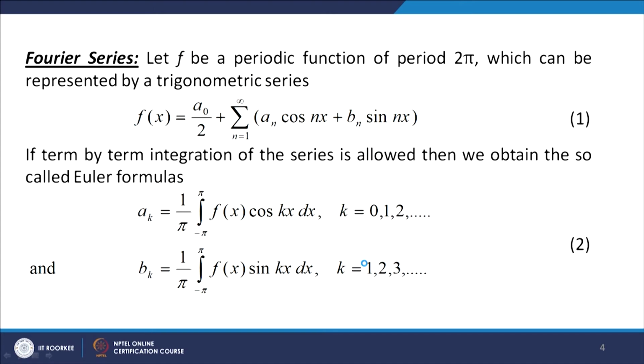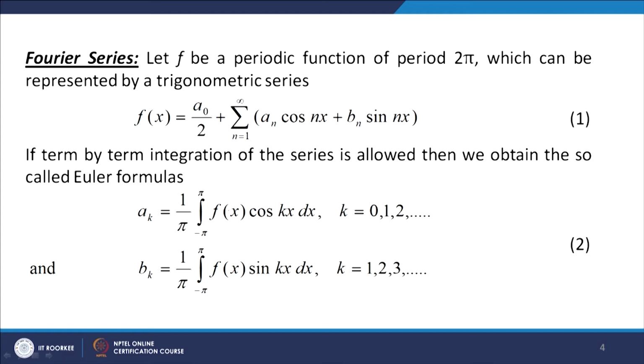Now, let us consider a Fourier series. Let f be a periodic function of period 2 pi, which can be represented by a trigonometric series f x equal to a naught by 2 plus sigma n equal to 1 to infinity a n cos n x plus b n sin n x. If term by term integration is allowed, then we obtain the so-called Euler formula.